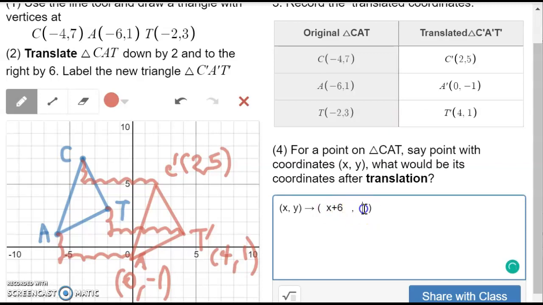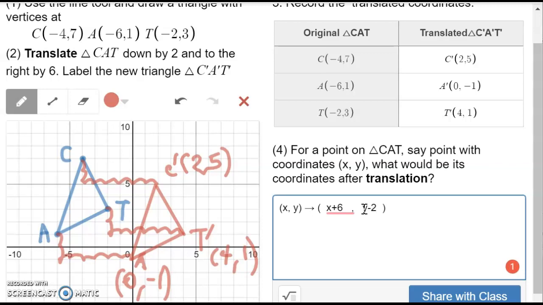What about the y coordinate? The y went from 7 to 5, 1 to -1, and 3 to 1. So what do you see as the common pattern? Y decreased by 2, right?